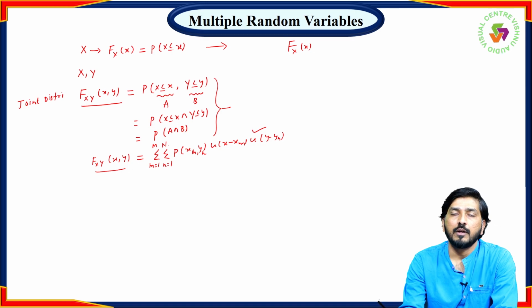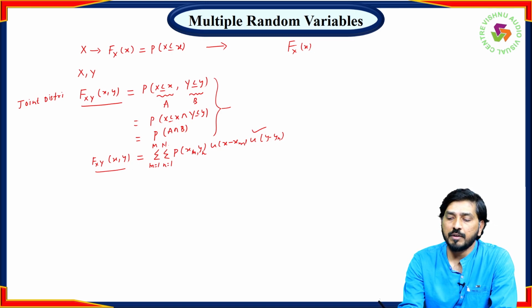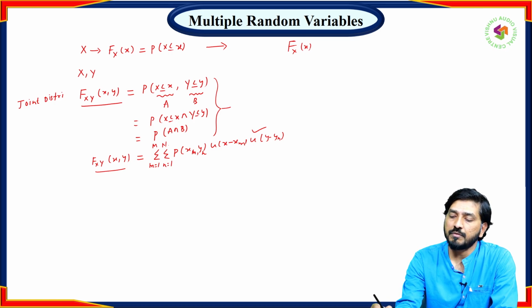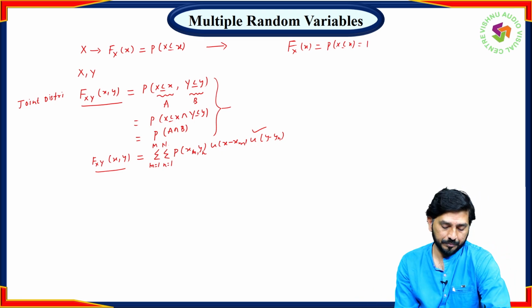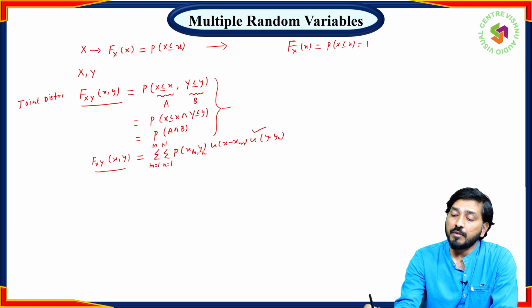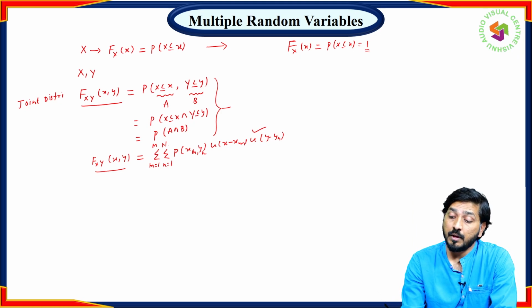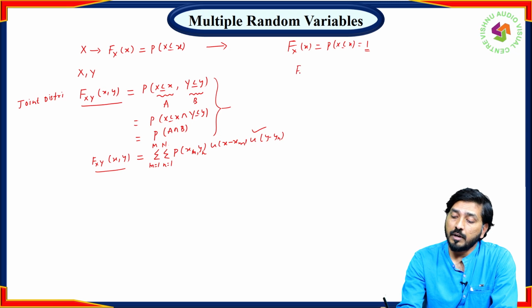As we have already discussed in the single random variable case, the properties are very important here. The properties we discussed for a single random variable: F_X(x), the distribution function, the sum of all the probabilities of X less than or equal to x is all the time equal to 1. Another property: F_X(minus infinity) is the probability of X less than or equal to minus infinity.